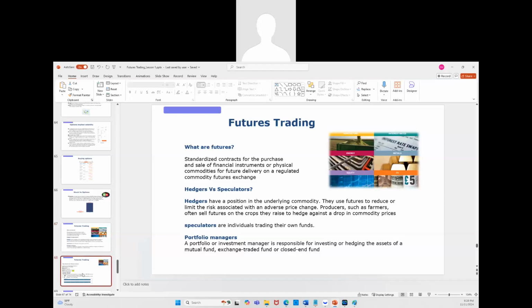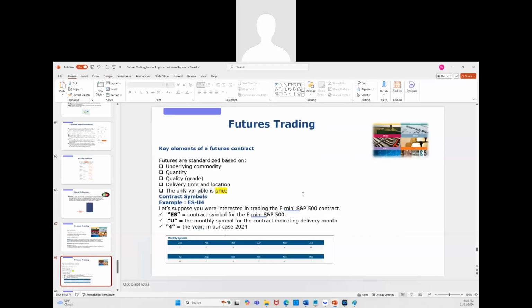The next thing I want us to talk about is the elements of a futures contract. Every futures contract is based on an underlying commodity. Like I said earlier, it can be energy related, it can be a metal, a foreign exchange, an equity, an interest rate, or an agricultural commodity.